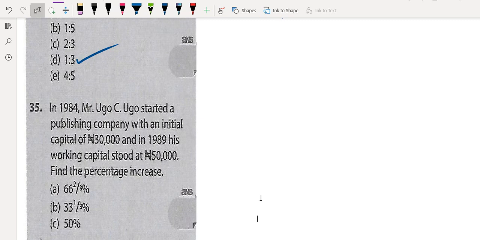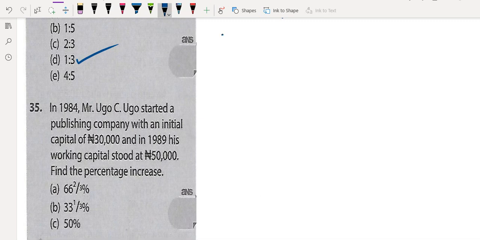Mr. Ugo started a publishing company with an initial capital of 30,000 naira, and in 1989, working capital stood at 50,000 naira. Find the percentage increase.